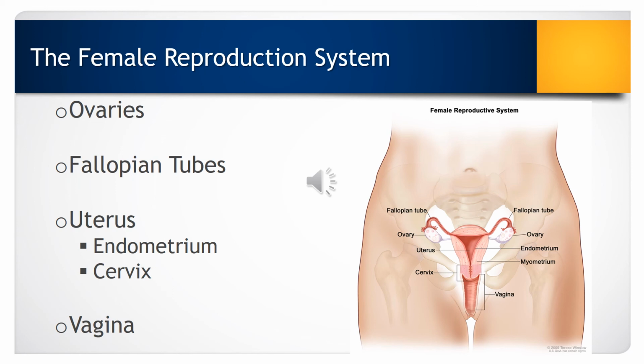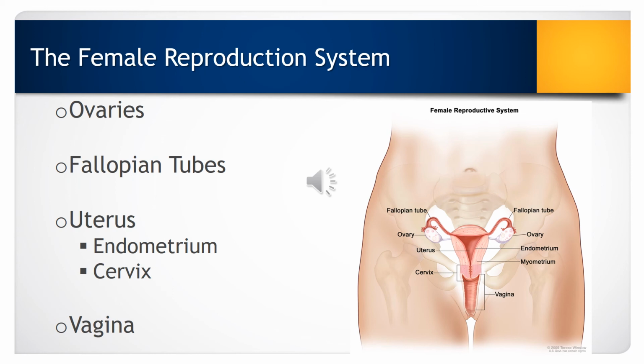Once implantation has occurred, then it grows and expands for the developing fetus. Within the uterus is the endometrial lining. This lining thickens in preparation for implantation of that fertilized egg.